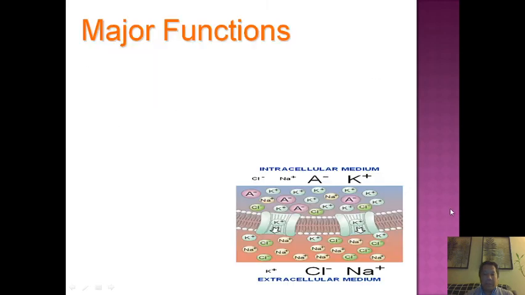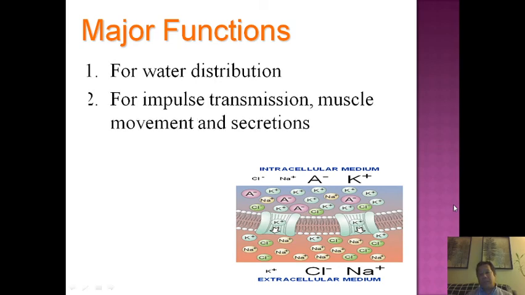So let's look at this. What are the major functions of your electrolytes? Of course, water distribution. And just like what I said earlier, these electrolytes are capable of creating electrical impulses by electrical discharges.